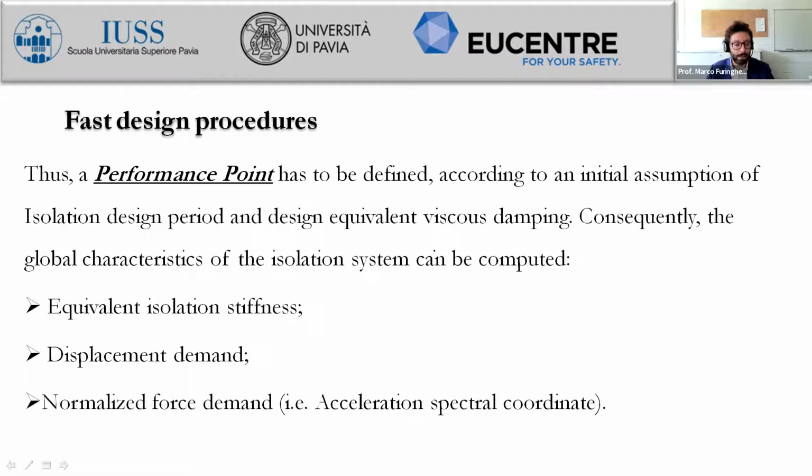For instance, the equivalent isolation stiffness, which we can call K_IS, is directly returned by the definition of period. This is one of the key parameters for the definition of the performance point. The period T_isolation is given by the general expression for the period of a single degree of freedom oscillator, which is 2 pi times the square root of the total mass above the isolation system over the stiffness of the isolation system itself.